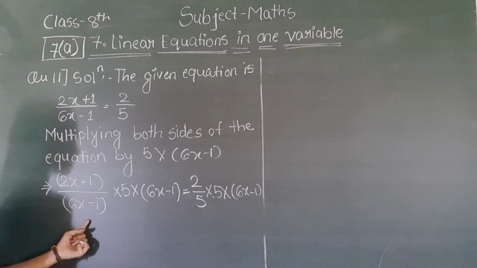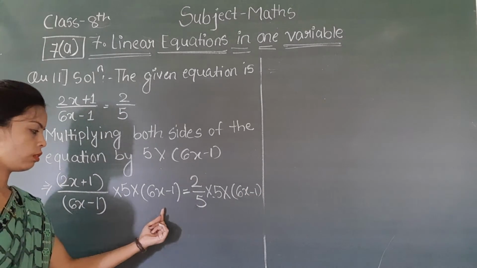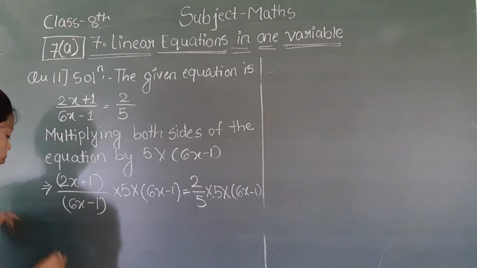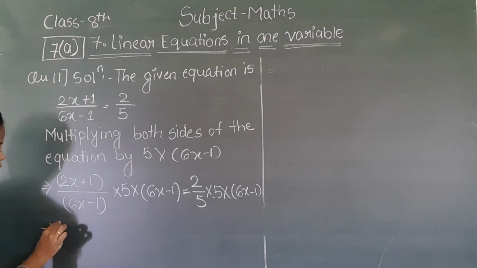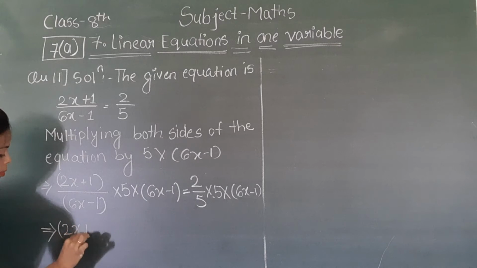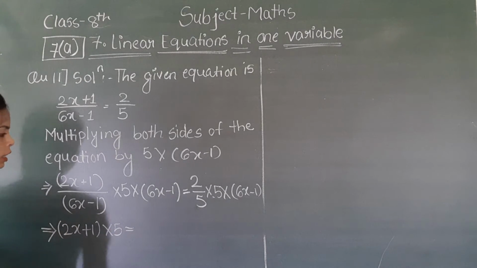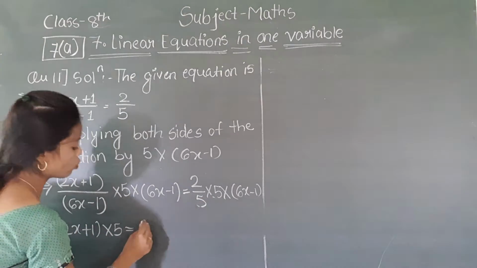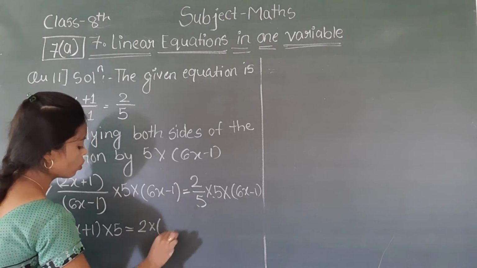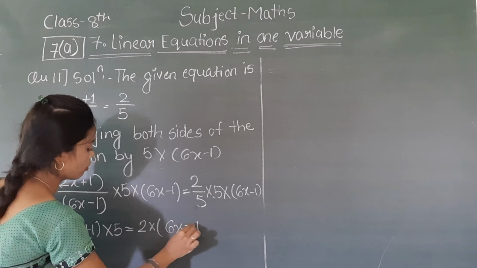Now the 6x minus 1 gets cancelled with the 6x minus 1. What will remain on the LHS? It is (2x plus 1) multiplied with 5, and on the right-hand side 5 will cancel with this 5, so it will remain 2 into (6x minus 1).